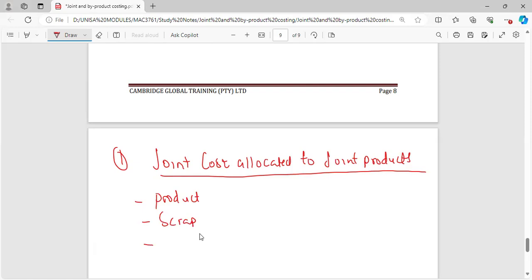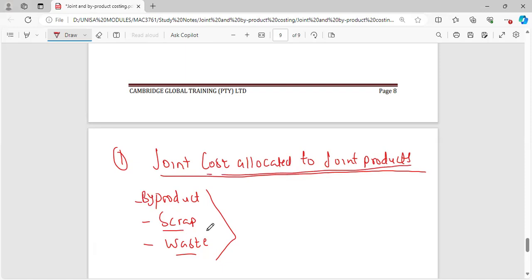So these are the adjustments to the joint cost, to the process cost. So which means the process cost, you need to adjust with the byproduct and the scrap and the waste to come up with the joint cost allocated to the product.